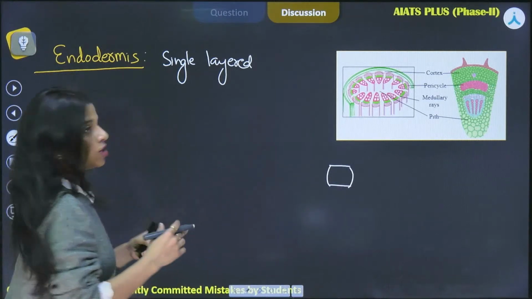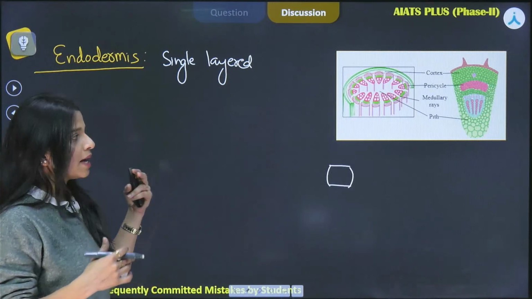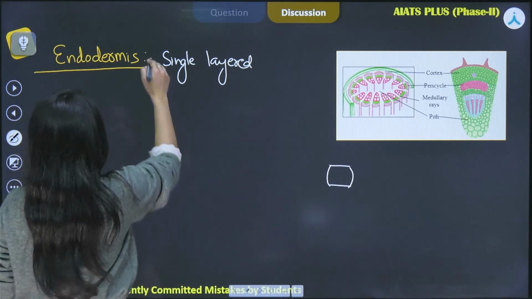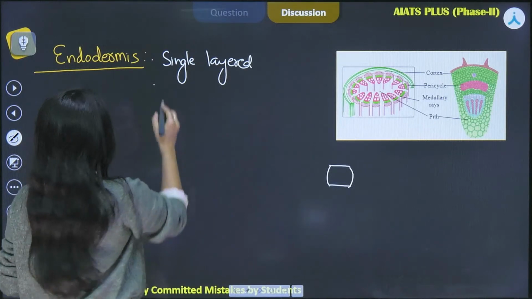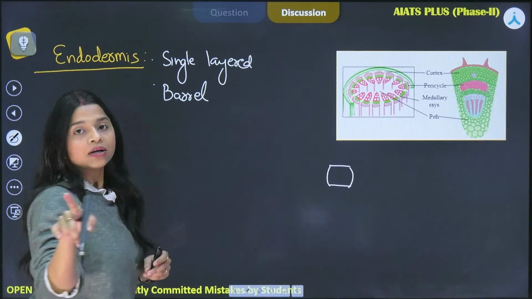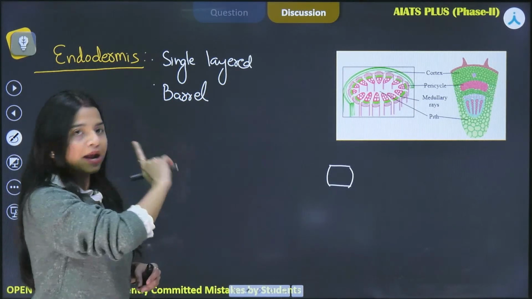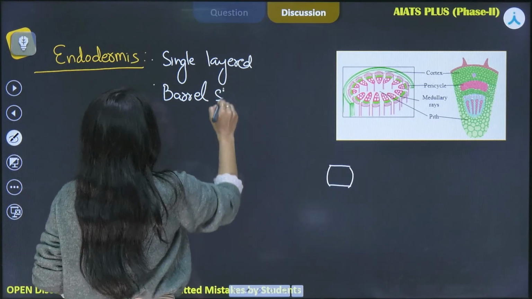Wooden barrels are there in which they store grains. Such a shape is observed while we are speaking of the endodermal cells. These characteristics are very important. The characteristics of endodermis are often asked in your exam. So, barrel shaped cells.